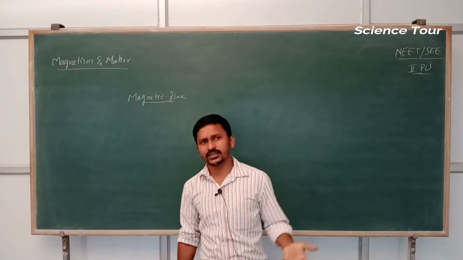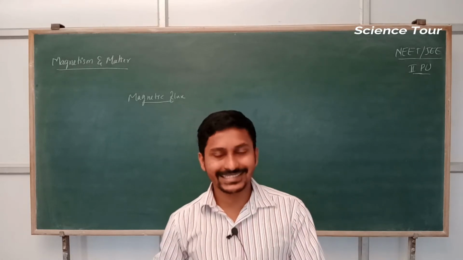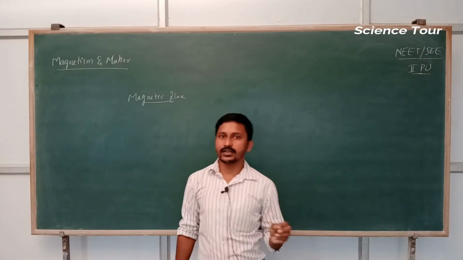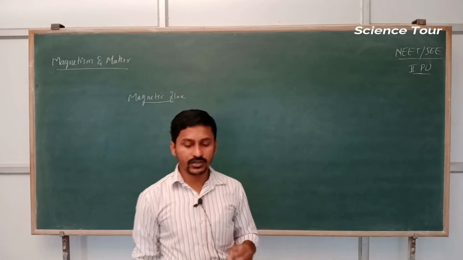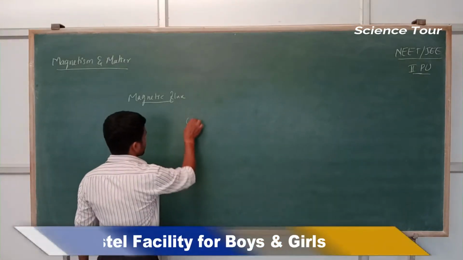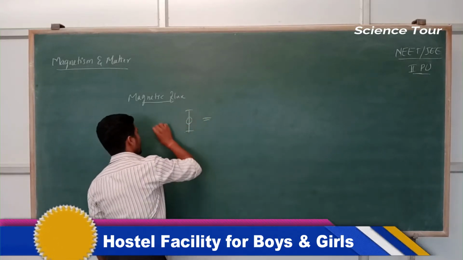Magnetic field lines or magnetic lines of force, one and the same. So magnetic flux is the number of magnetic field lines passing normal to the given area. We will denote it in this way, and this is a scalar quantity.